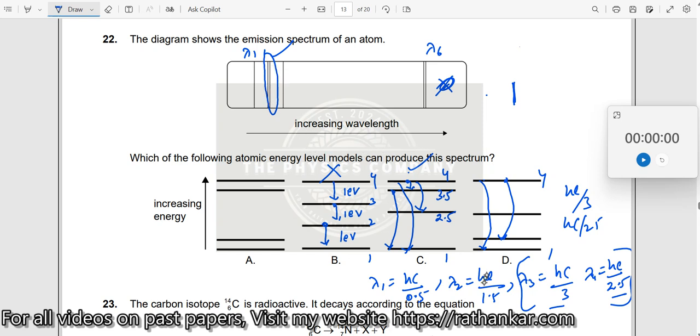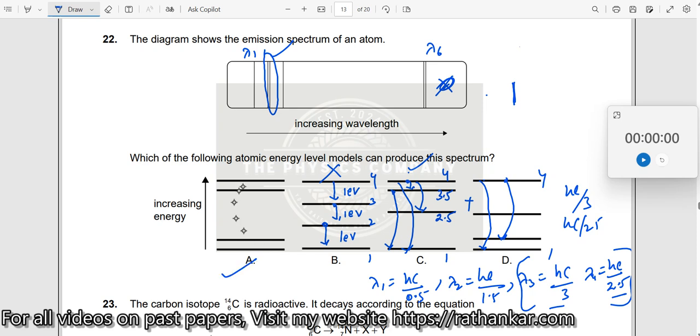Somewhere the energy differences are larger. If I combine this energy level with this energy level, I get this one, and this doublet will be with this one here. So somewhere I feel that A should be the right answer.